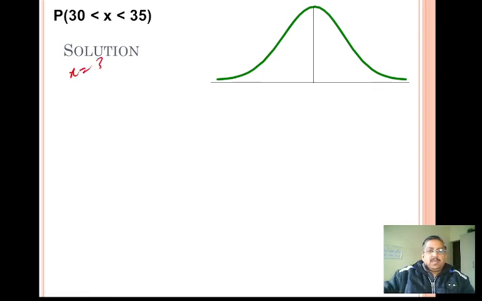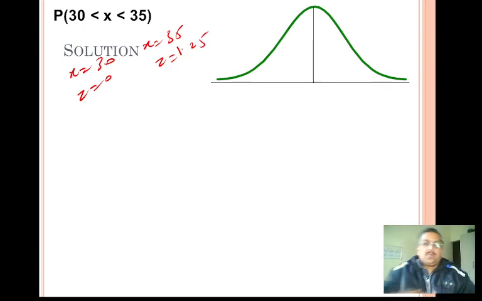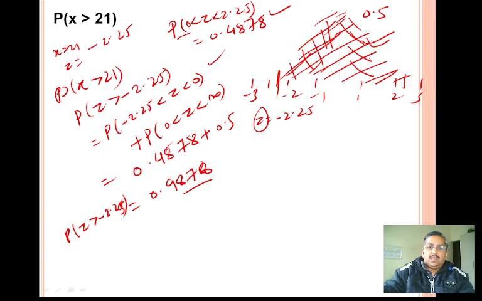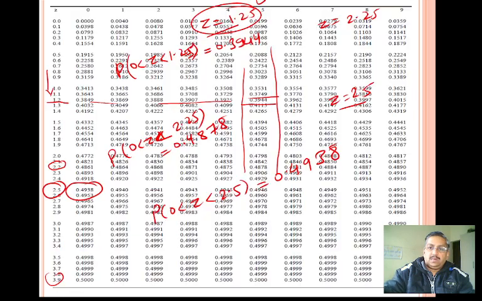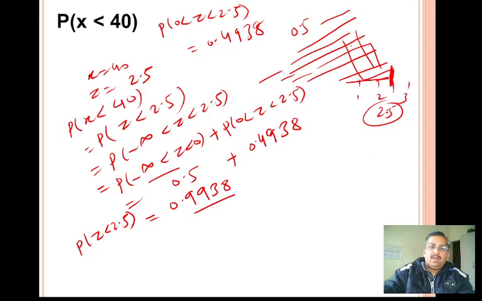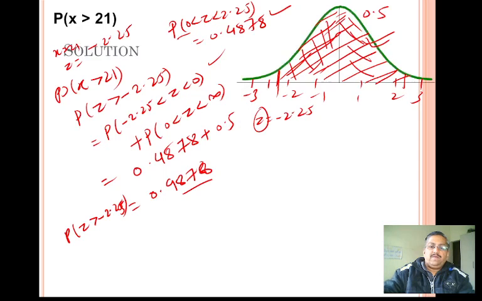For x equals 30 we have seen z is 0, and for x equals 35 we have seen z is 1.25. So for 1.25, how will we find the value? It was also calculated in the last discussion. Here you can see that for 1.25 it is 0.3944. Let me copy it somewhere, 0.3944, right?